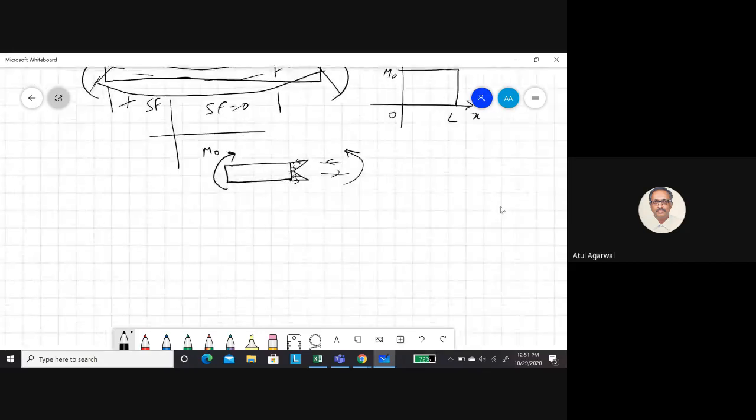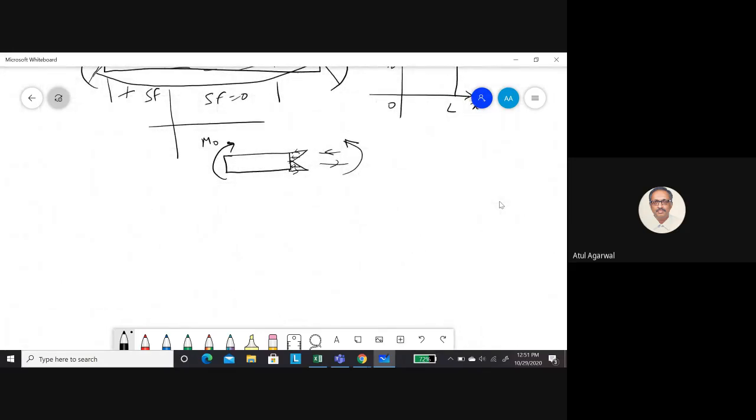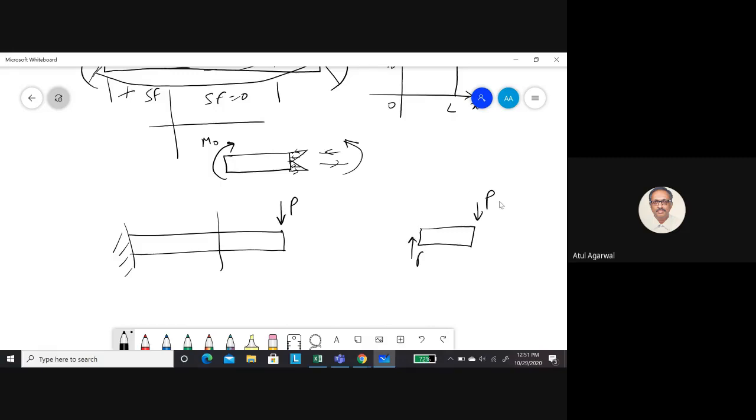Suppose you had something different. Now you have a situation like this. You apply a force P. You draw a free body diagram of this half. You see, there has to be a force P here to equilibrate it. And you see there is a movement. These two are making a couple and there is a movement like this.